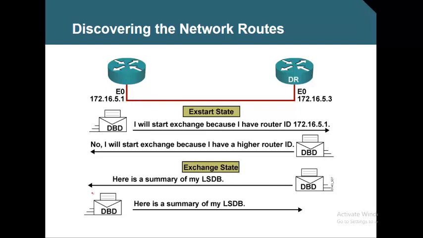The one with the bigger router ID will say, I'll initiate the exchange. This decision is made in the ExStart state. Once the decision is made, they start exchanging as per the decision. The one with the bigger router ID always initiates the exchange. The other one will follow. We call it exchange state.